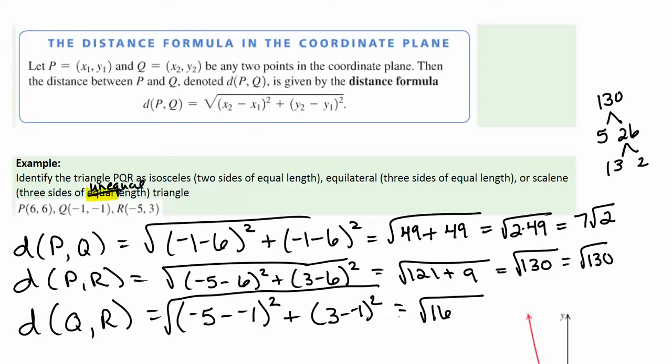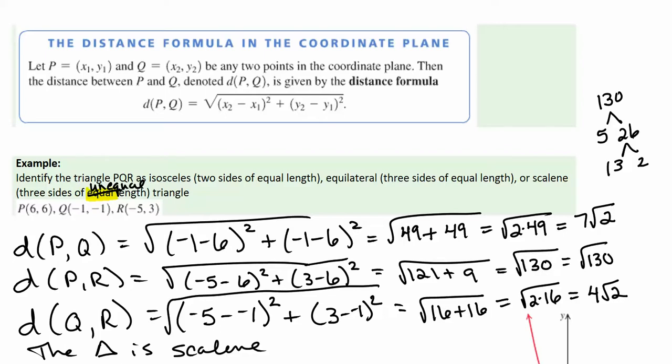And then we have another 16 because that's 4 squared. So using the same logic as on the first one, that's 2 times 16, and so that is going to be 4 times the square root of 2. So none of these are the same length, so our triangle is scalene.